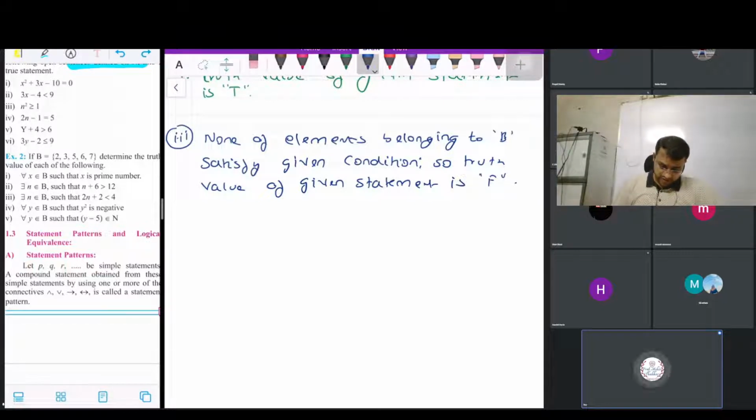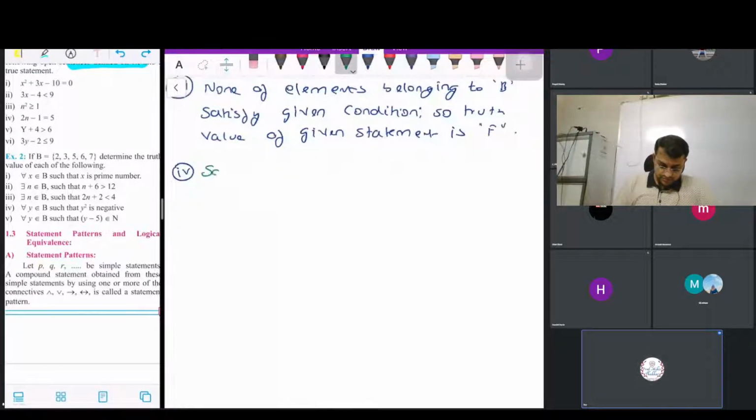What is the fourth one? Y belonging to B such that y square is negative. Of course, the truth value has to be false because the square of any number will always be positive. So we can just write it in short. We can say over here, the square of any number belonging to B will be positive.